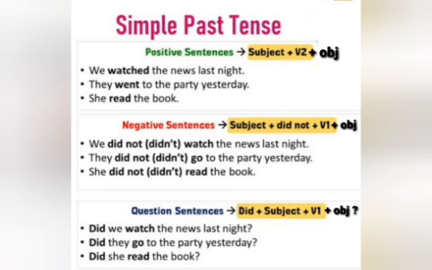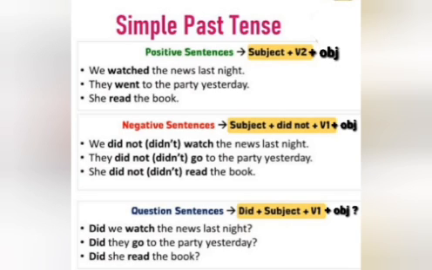We is the subject, did not from the syntax, watch is the first form of the verb, the news is the object, and last night the specific time. See the other example. They did not go to the party yesterday. So they is the subject, did not is from the syntax, go is the verb, to the party the object, and yesterday is the specified time.